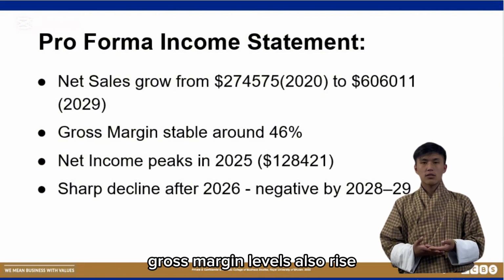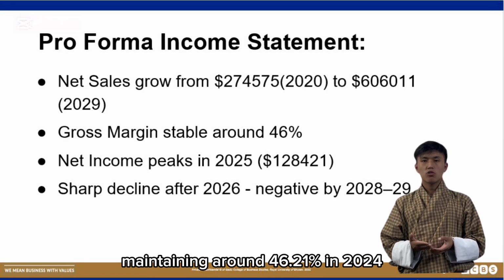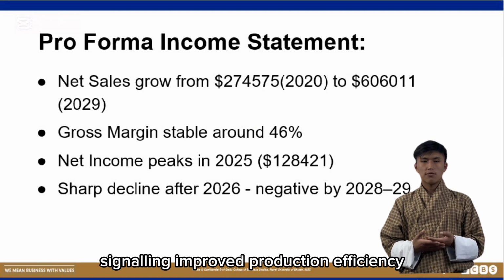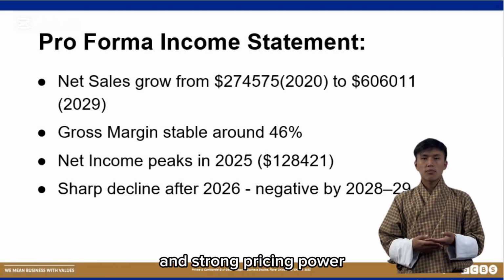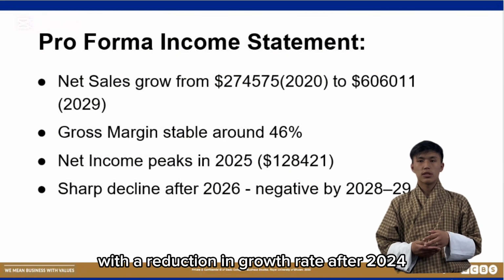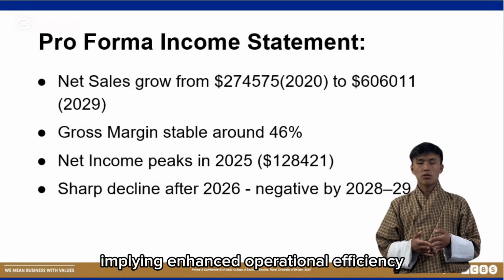Gross margin levels also rise, maintaining around 46.21% in 2024, signaling improved production efficiency and strong pricing power. Operating expenses follow a controlled growth pattern with a reduction in growth rate after 2024, implying enhanced operational efficiency.